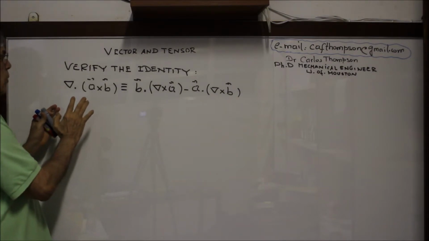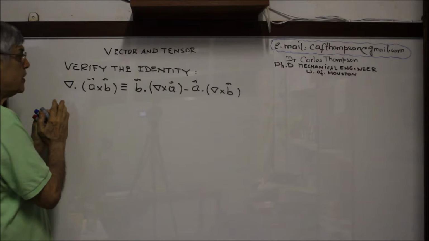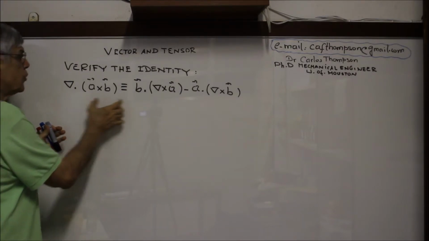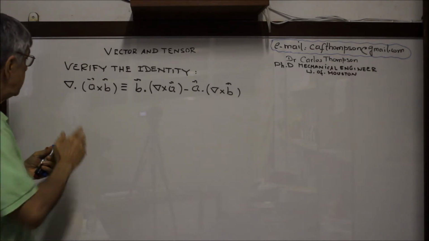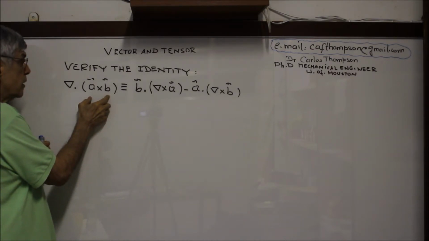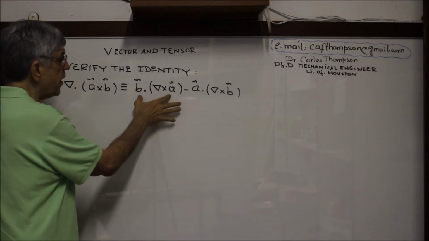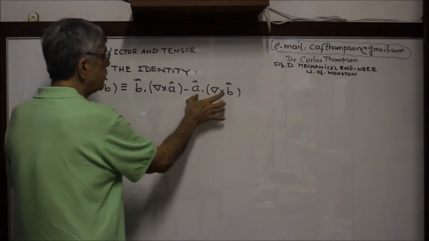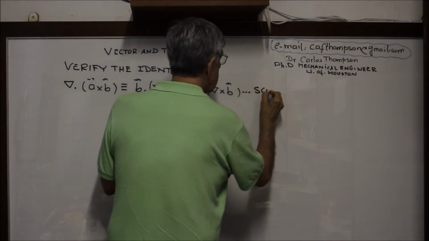Before we develop this, you see that each term is a scalar quantity. The divergence of a vector is a scalar. This is a dot product of a vector and a vector, so this is a scalar.